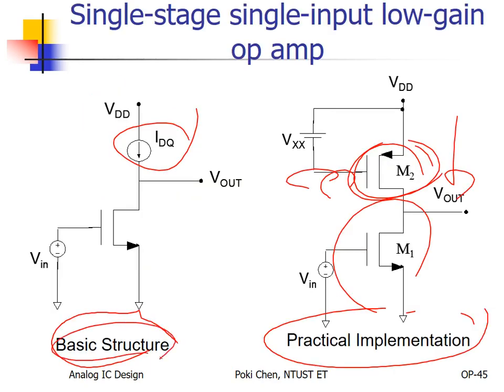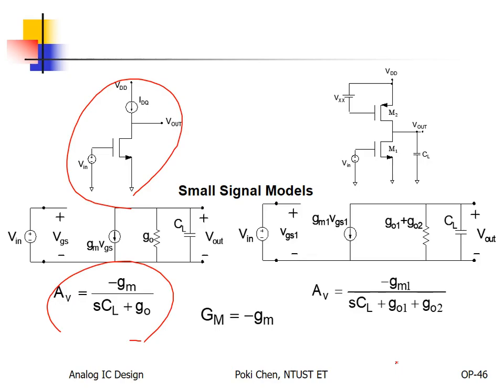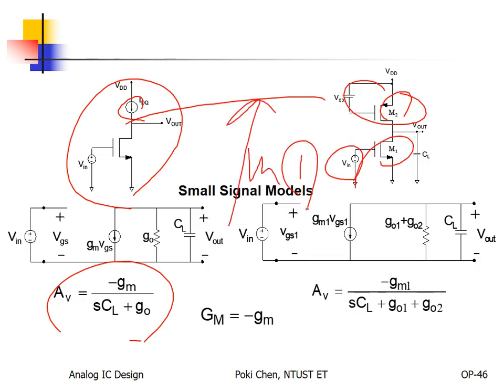Right? Basic choice. But for practical implementation, what is the difference? No ideal current source. So you have that. So what is the difference? You still convert your input by M1. So you still get the same gm1. Okay, if I have 1, that is for M1. That's it. Okay? And then what is the output resistance? The same. The reverse of output conductance.